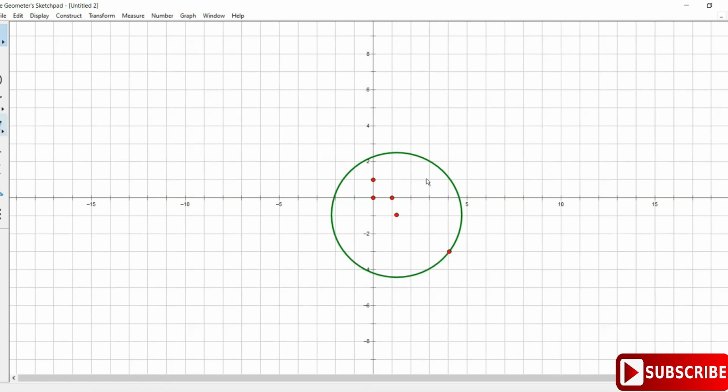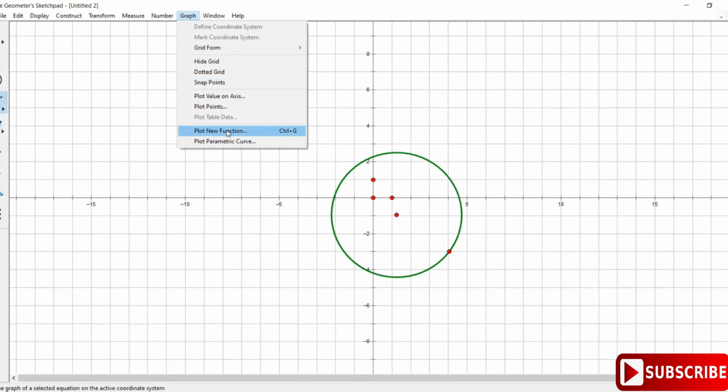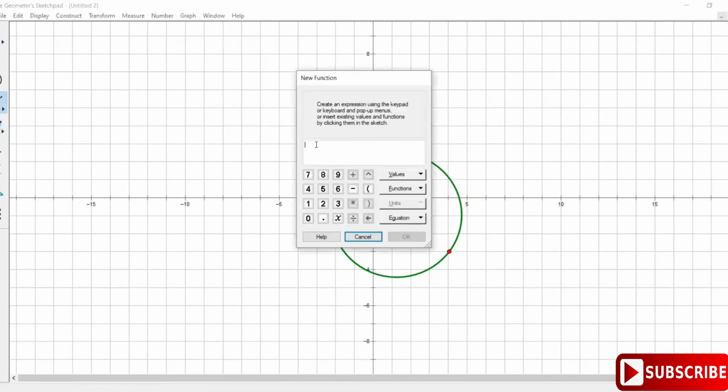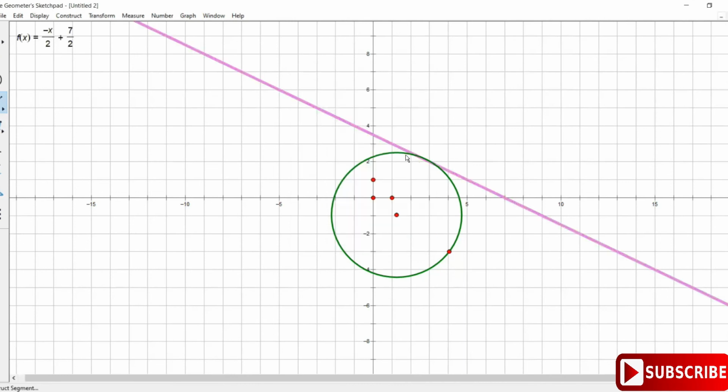Now, I'm going to insert a new function. The graph was x plus 2y equals 7, so making y the subject, y was equal to negative x over 2 plus 7 over 2. All right, that's that line there.